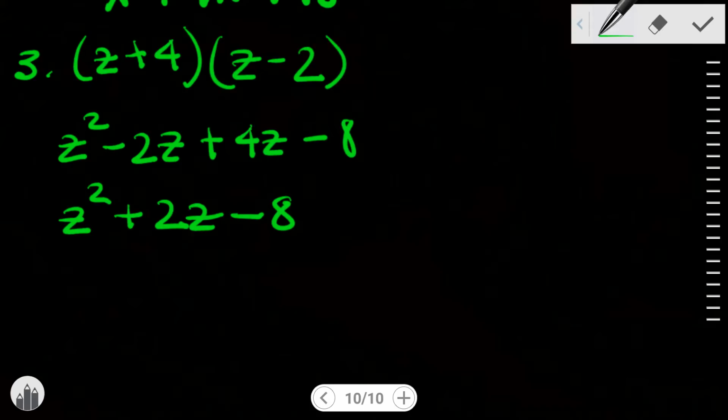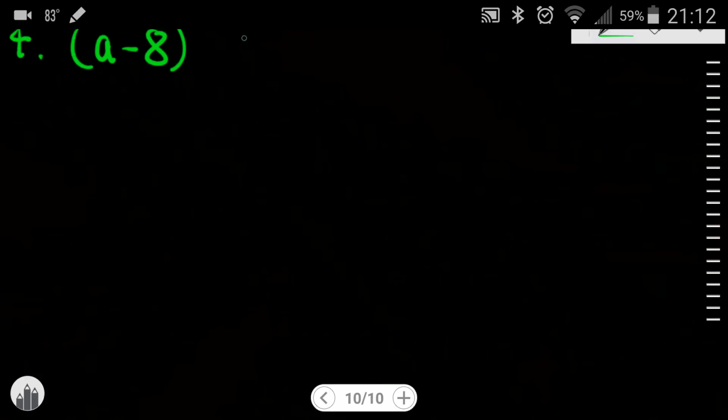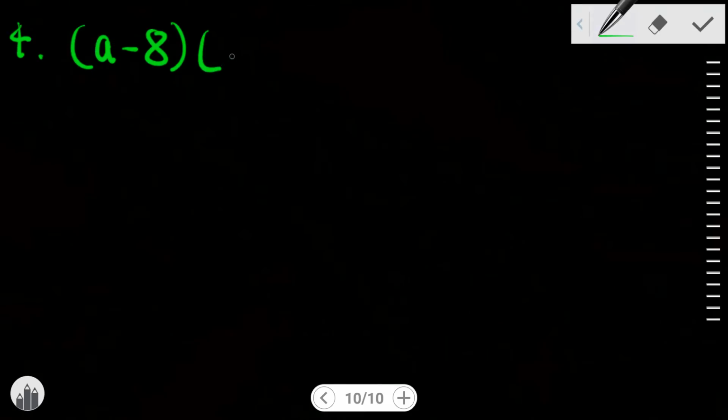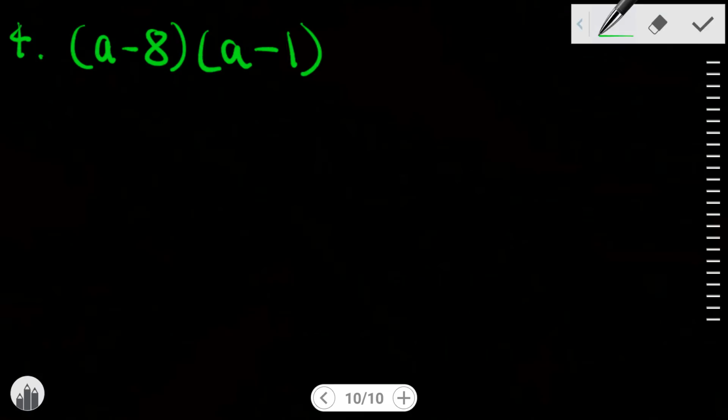And I'm going to do a couple more problems to get that going. Let's do another one. So the quantity of a minus 8 times the quantity of a minus 1. All right, so doing the FOIL method again. So a times a will get you a squared.